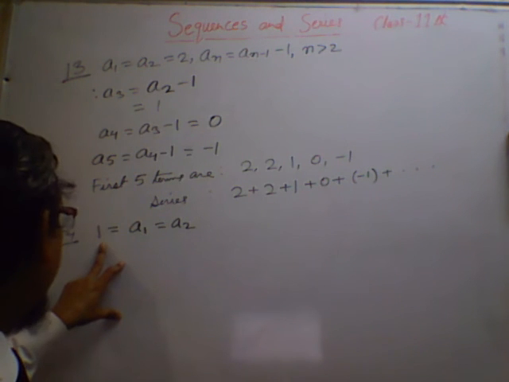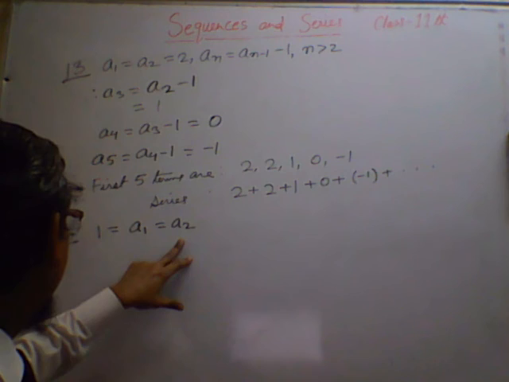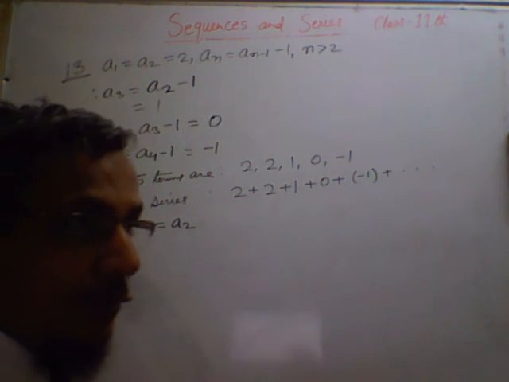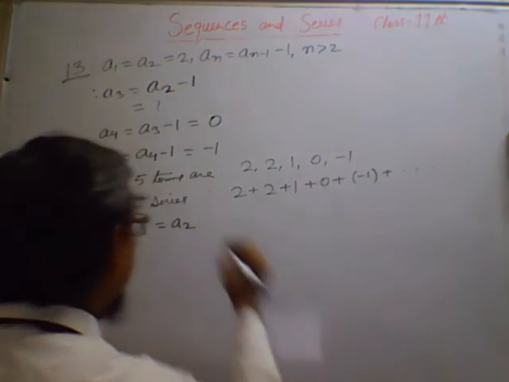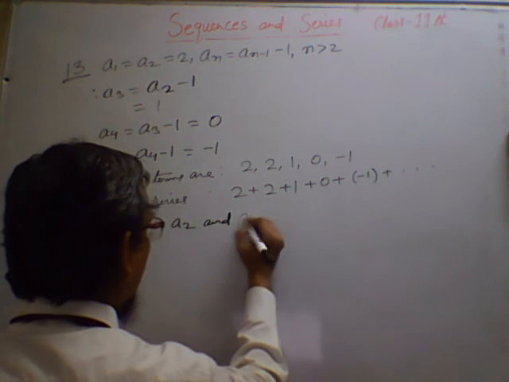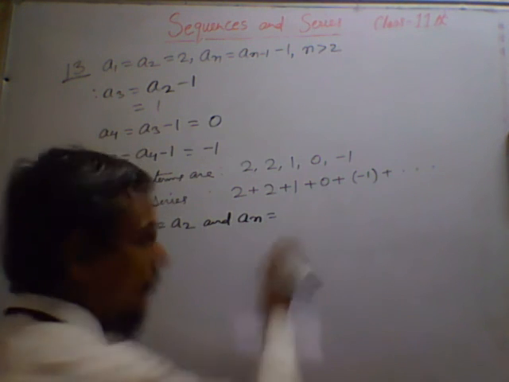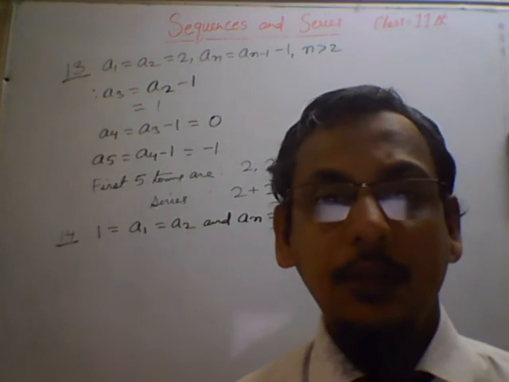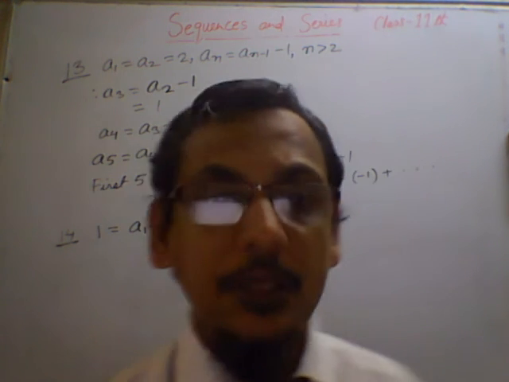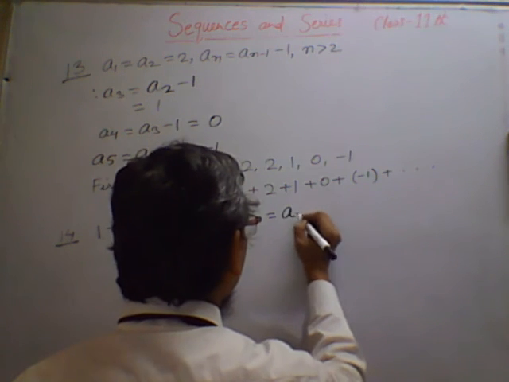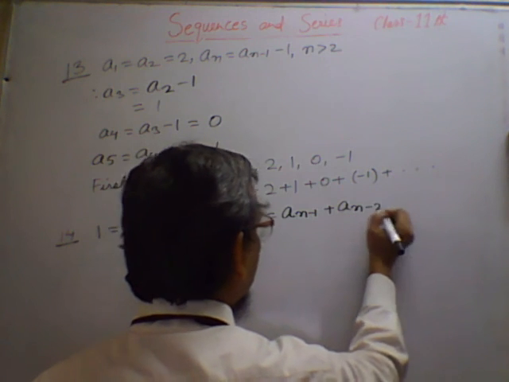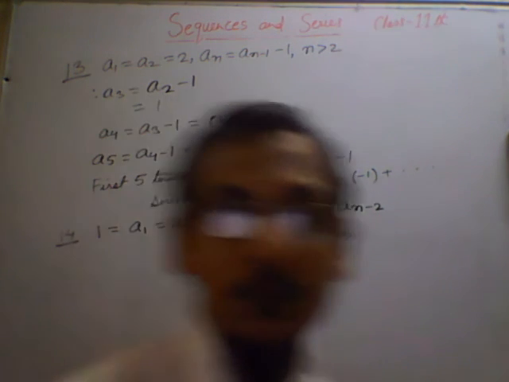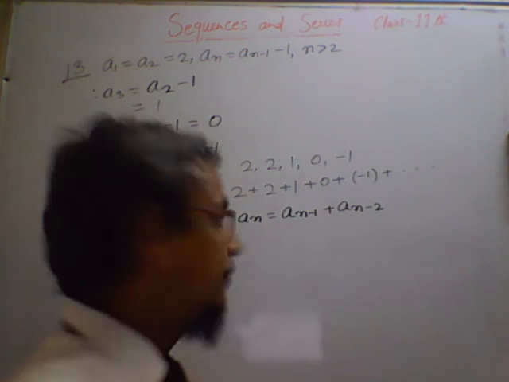It would be A3. A3 will be A1 plus A2, then A3 would be 2. And An equals An minus 1 plus An minus 2, where n is greater than 2.